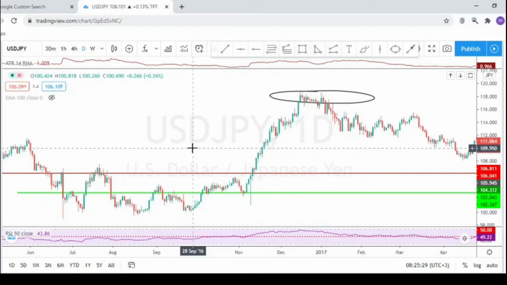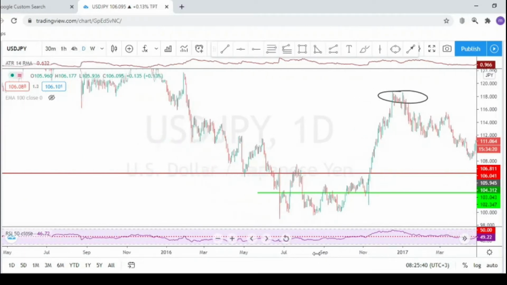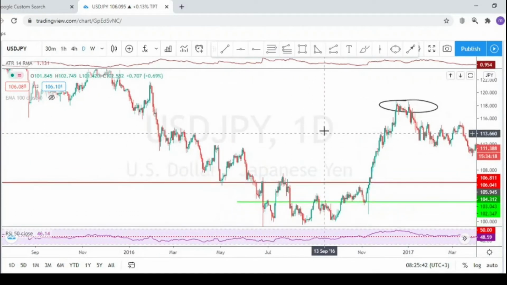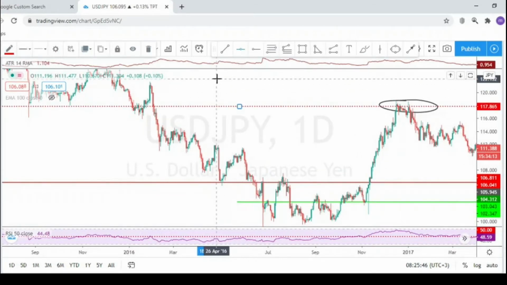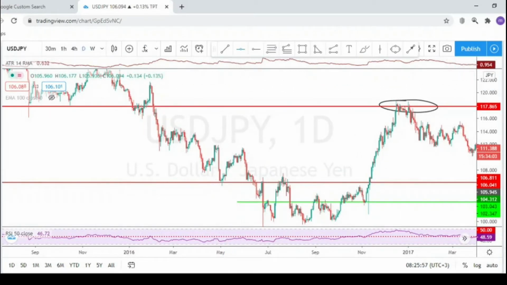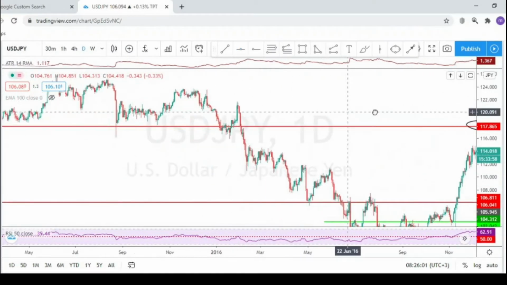And what's a dynamic key level of structure? It is a level that has been tested multiple times. And in this case here, what do you see? You see a level that has been tested multiple times.